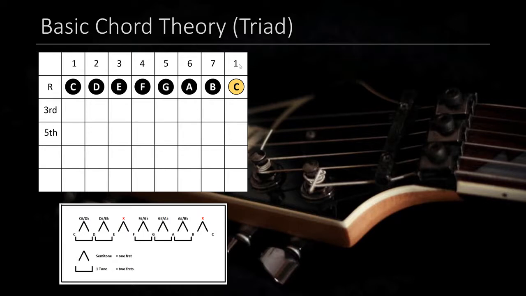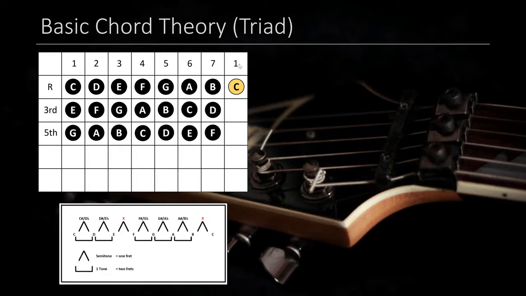So you go C, D, E, F, G. Nice and easy. And it follows on the next one as well. So you go D, E, F, G, A. And you can follow that all the way through this grid and it works really nicely. So 1, 2, 3, 4, 5, emphasizing the 1 for root, 3 for third, 5 for fifth.